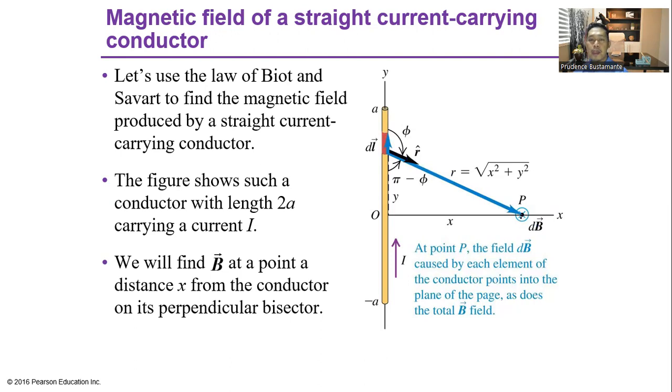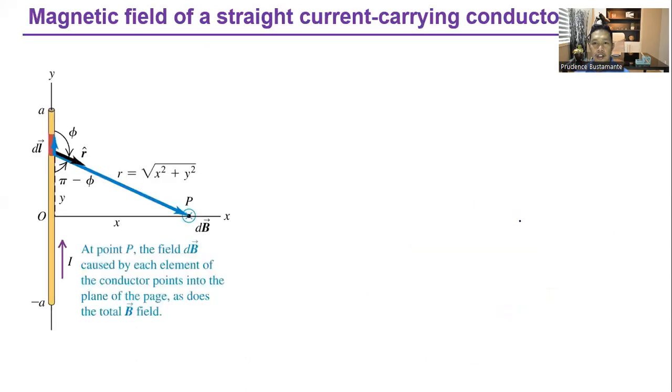Using our right hand rule, dl cross r at this point points into the plane of the page. That's the direction of the magnetic field. So let's try to answer this one.